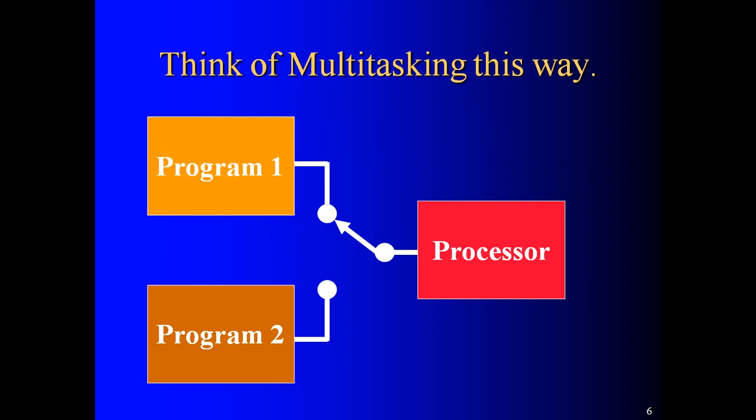Think of multitasking this way: a processor is going to run program 1 or program 2, so it is just acting as a switch. If we switch on one program, the other program will stay in an idle state. After executing program 1, the switch will move on to program 2, and program 1 will go into the idle state while program 2 is executed.